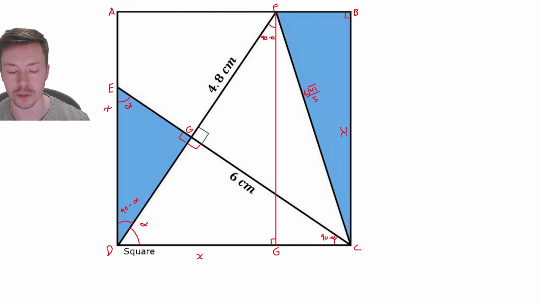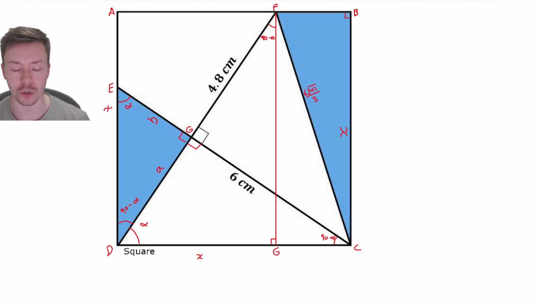Then I wanted to see if I could utilize these similar triangles in some way. So, labelling some of these sides A and B, or whatever you want to label them, I realized that I could use those similar triangles I mentioned earlier. So I've got DGE, or DEG, depending on which way you want to say it, and CDG.